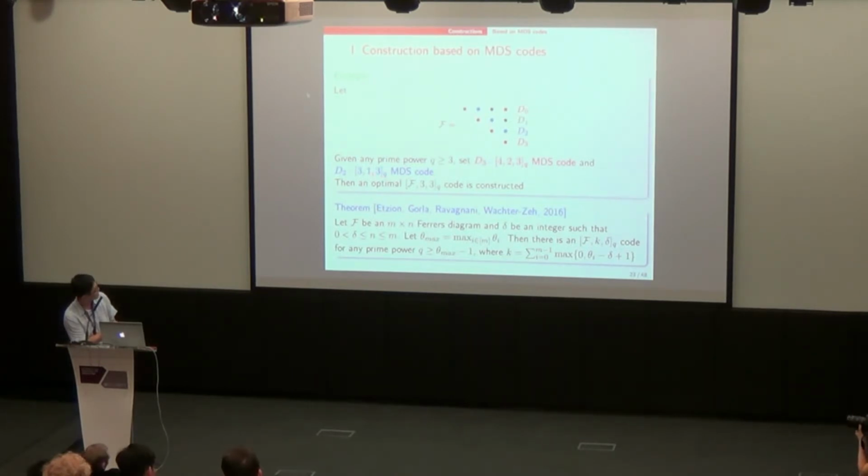Because of the parameters here, delta equals 3. So if all the 3 dots are not 0, then you can see the matrix rank is at least 3. So that's the basic idea to construct an optimal F-3-3-q code. Okay. Here dimension 3 is this dimension 2 plus dimension 1. Okay, it's 3.